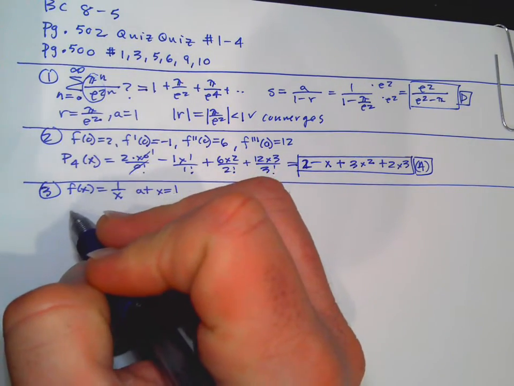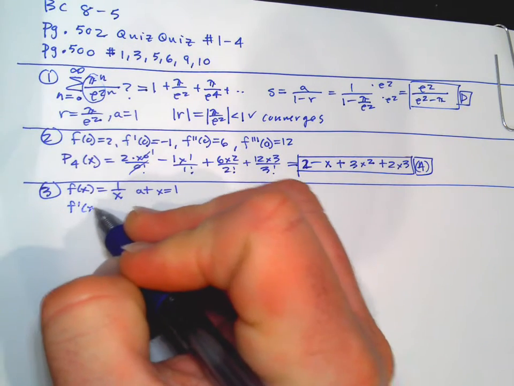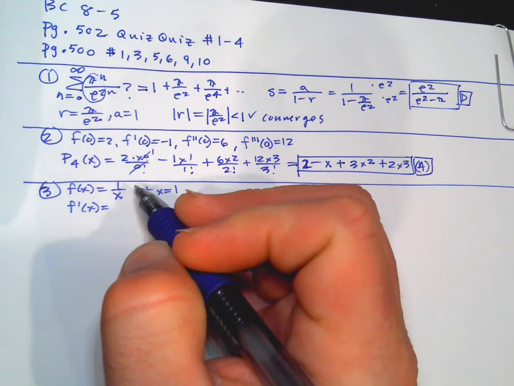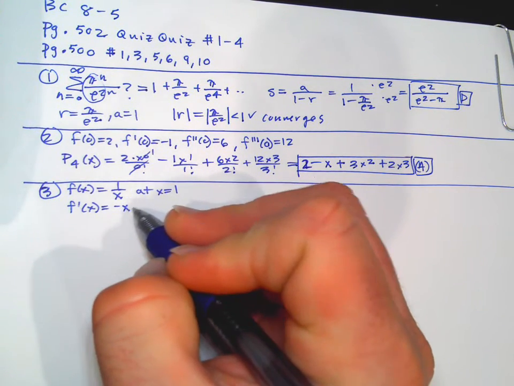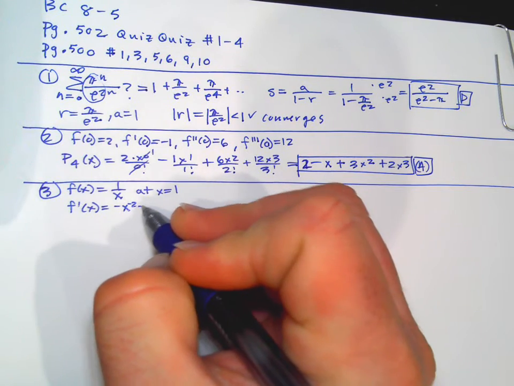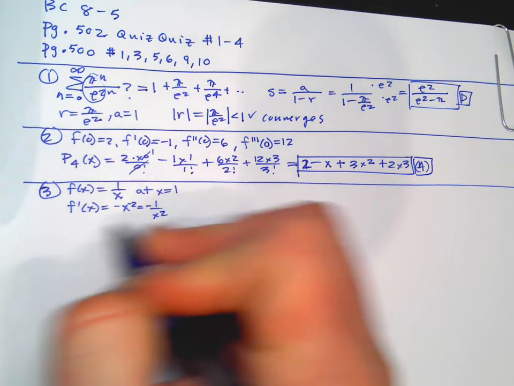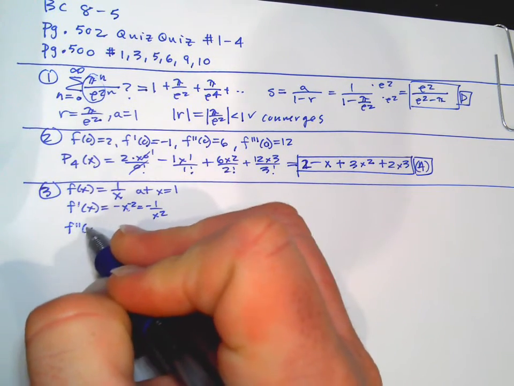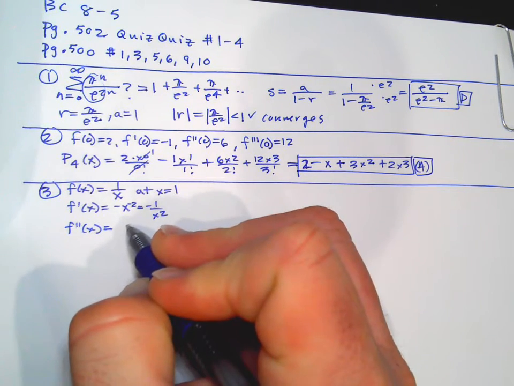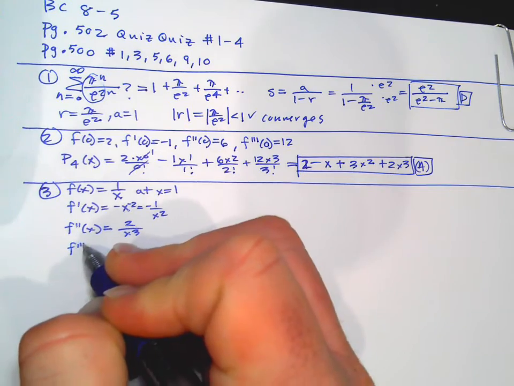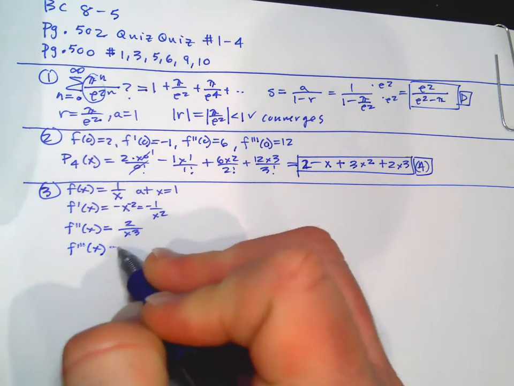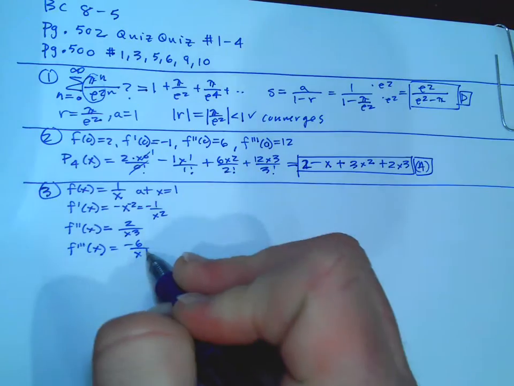We got to find a bunch of derivatives, enough to figure out the pattern, because they're all closed form on here. Probably, it's going to be negative x to the negative 2, which is negative 1 over x squared. This is going to be positive 2 over x cubed. And that's going to be negative 6 over x to the 4th. So I don't know. Let's try that.